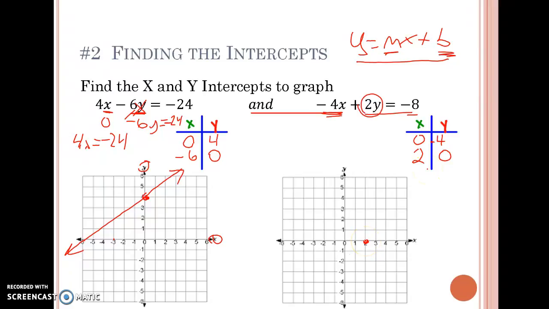So we had a y-intercept of -4 and an x-intercept of 2. And so if I draw a line that goes through those 2 points, it's going to look something like that. That's just a nice way to graph linear equations that are in standard form without having to put them into slope-intercept form.